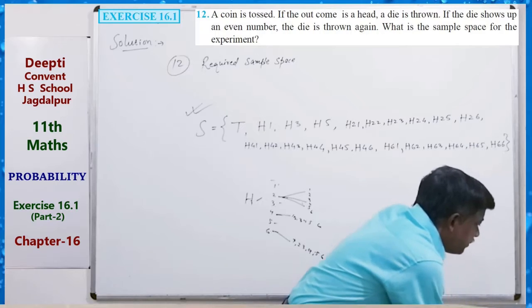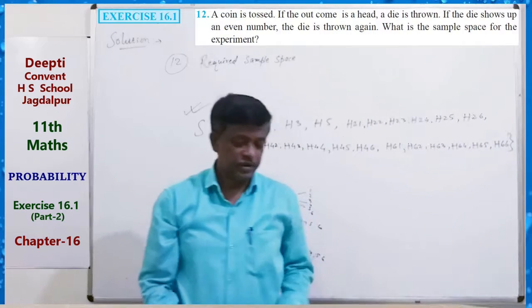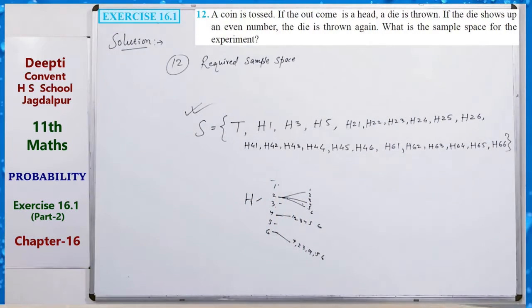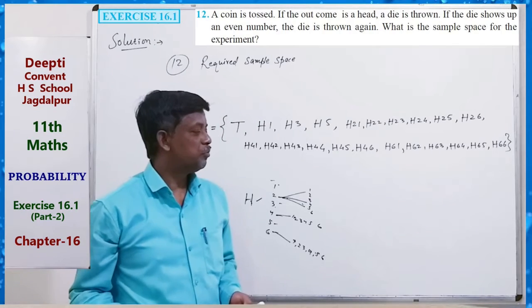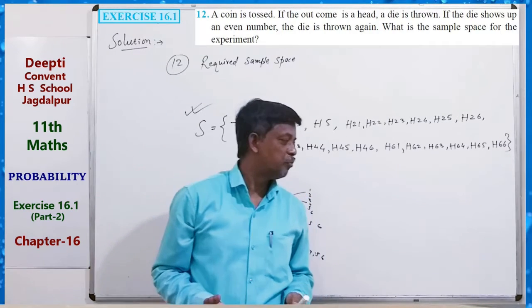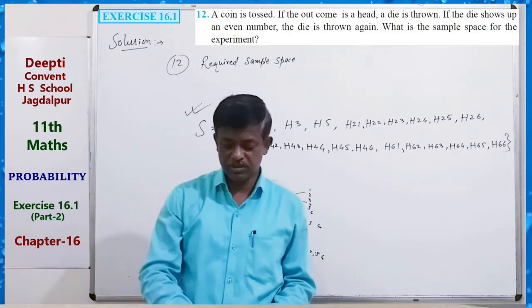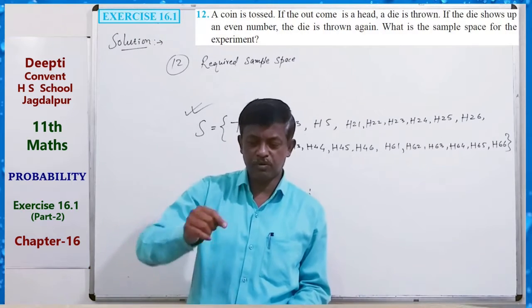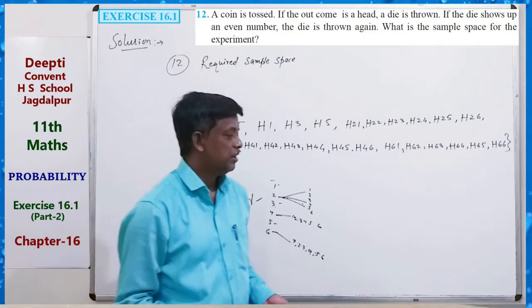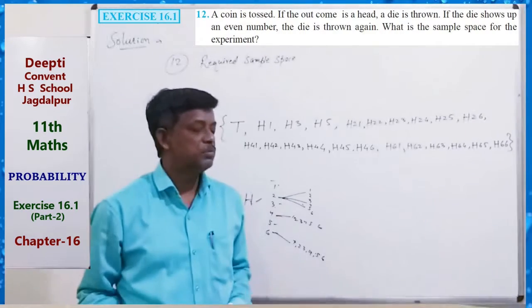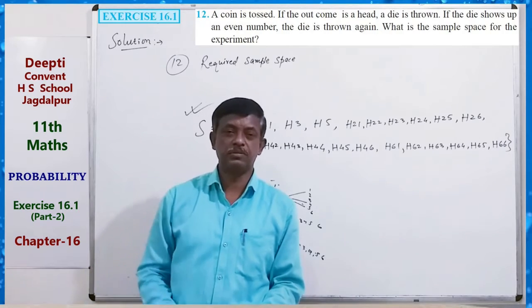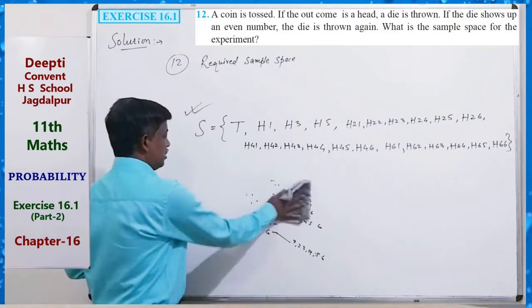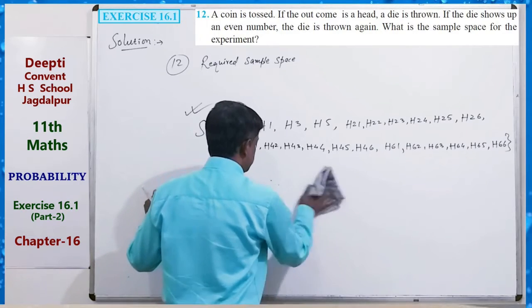And the next question is 13. Okay. Question 13. The numbers 1, 2, 3, 4 are written separately on 4 slips of paper. That means numbers 1, 2, 3, 4 are written on the slips. The slips are put in a box and mixed thoroughly. There are 4 slips of paper with 1, 2, 3, 4 written on them separately.